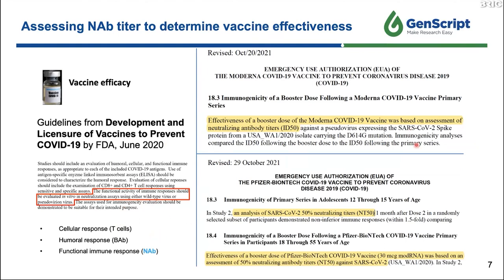Here is the most recent fact sheet of the Moderna and Pfizer vaccines. In the highlighted region, we can see that for both vaccines, the effectiveness of the booster dose was based on assessment of neutralizing antibody titer.